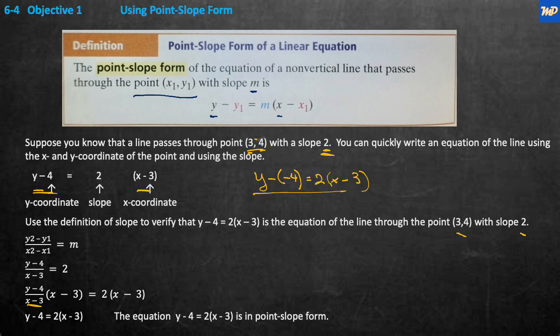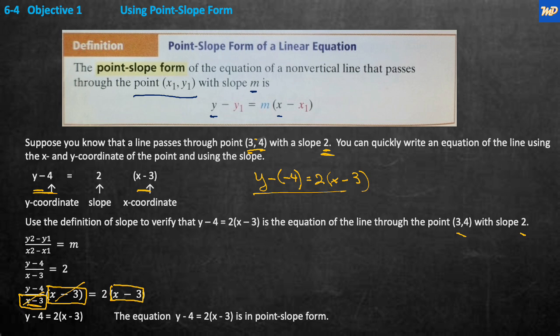Then we're going to multiply both sides by x minus 3 to clear this denominator right here. We want to get rid of that denominator. So we multiply on the left-hand side and on the right-hand side. Then these two will cancel each other out.